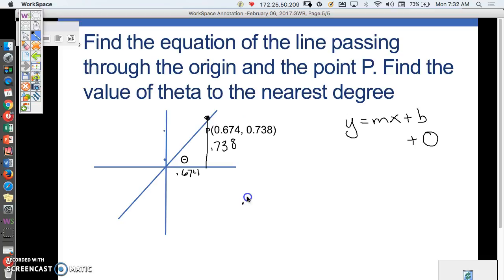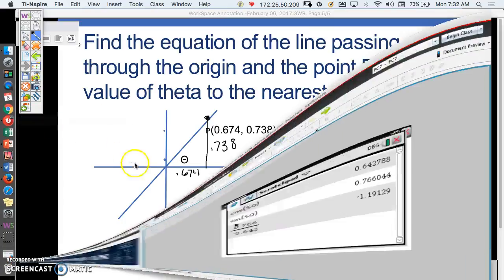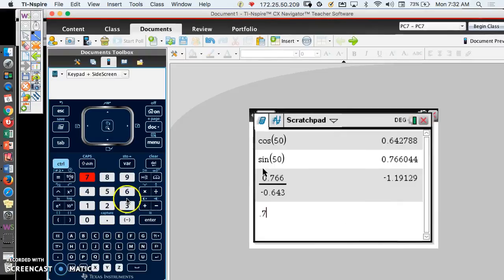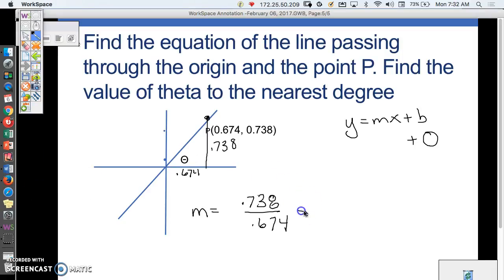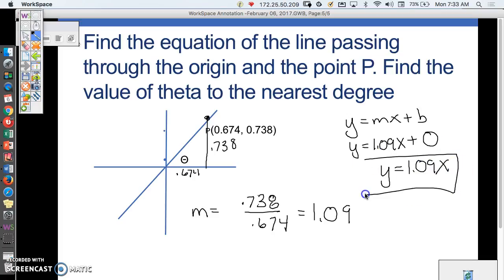So rise over run, our slope, 0.738 over 0.674. 0.738 divided by 0.674 is 1.09. And it's positive, so y equals 1.09x plus 0. So we can just write 1.09x.